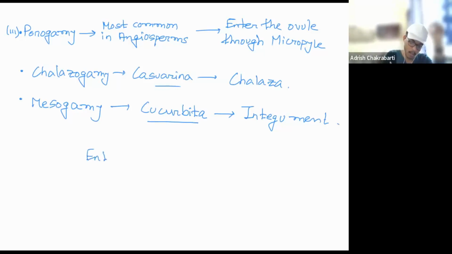entry to the embryo sac is always via the micropyle.